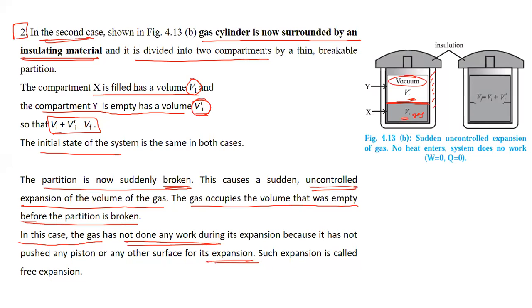When we push the piston outward and gas expands, temperature decreases. But here, we separated the gas and the vacuum by a breakable partition. When it is broken, the gas occupies the empty space, it expands. But during that expansion, work is not done. No work done during the expansion, and such expansion is called free expansion.